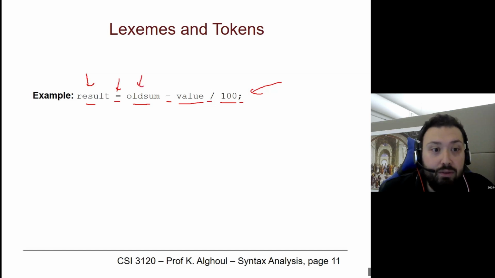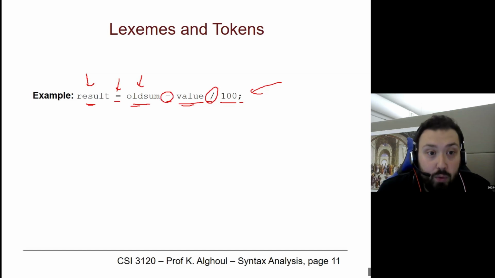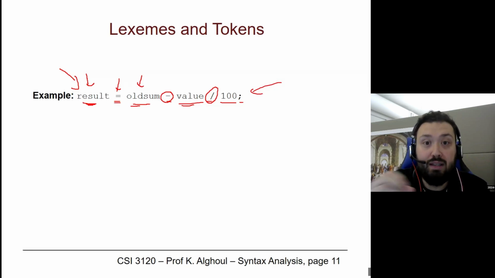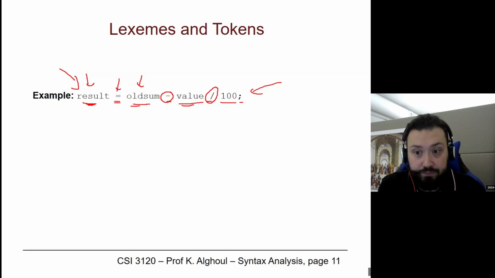If I ask you what is the common thing between results, old sum, and value, they are all identifiers. What is this? This is considered an operator. This is also an operator. So when you're feeding these in, the lexemes are these, and the role of the lexical analyzer is to take the lexemes and convert them into tokens.